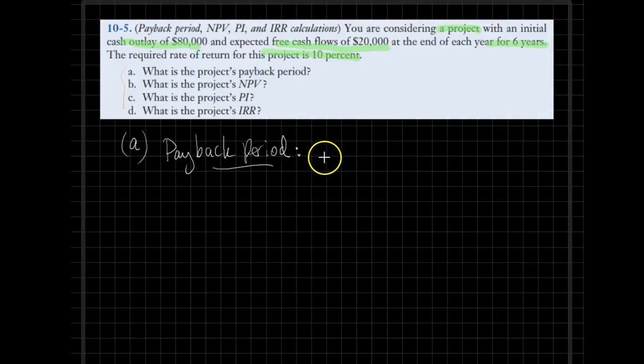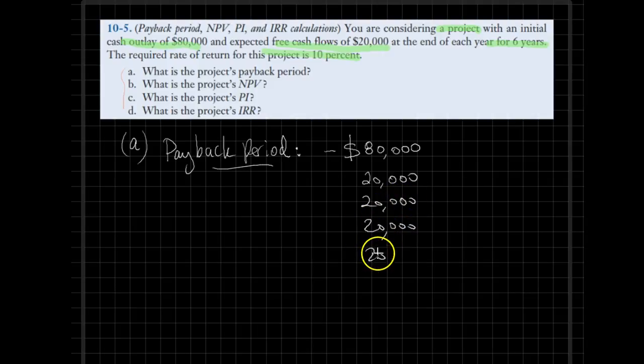Notice that we initially spent $80,000 for the project, and the project over the next 6 years is supposed to generate $20,000 cash flows each year, that is year 1 through year 6. Now the question is how long it will take until we get that initial investment back.